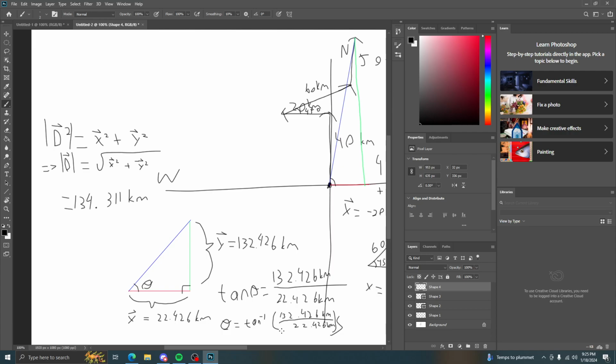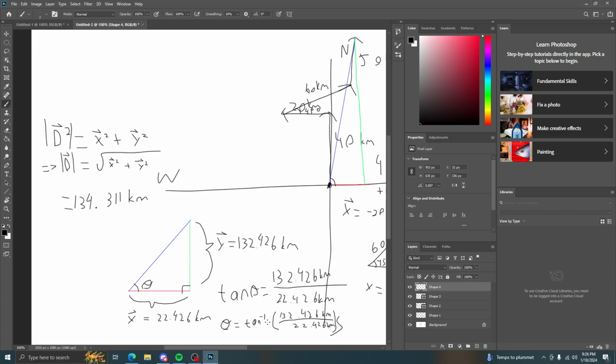And you just plug this into a calculator. I also got my calculator off camera because I hate using the Google one.